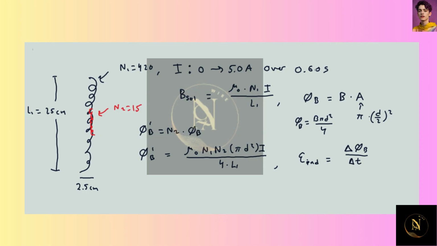And this happens over the course of 0.6 seconds. So our flux will be from this expression, and our time will be from the amount of time it takes, which is 0.6 seconds. So now all we need to do is plug in values for this. And we find that the magnitude of the induced EMF is given by 1.3 times 10 to the minus 4 volts. So that's our final answer.